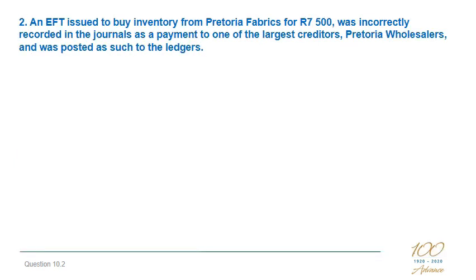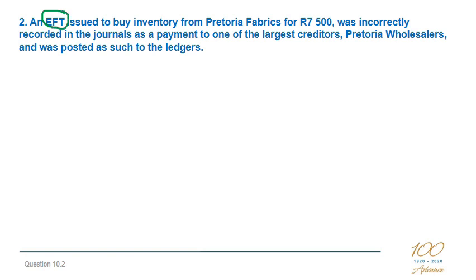Over to number 2. An EFT issued to buy inventory from Pretoria Fabrics for 7,500 was incorrectly recorded in the journals as a payment to one of our largest creditors, Pretoria Wholesalers, and was posted as such to the ledger. So they tell us this is an EFT, so something happened to bank.